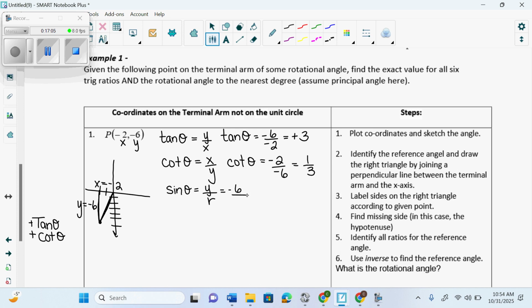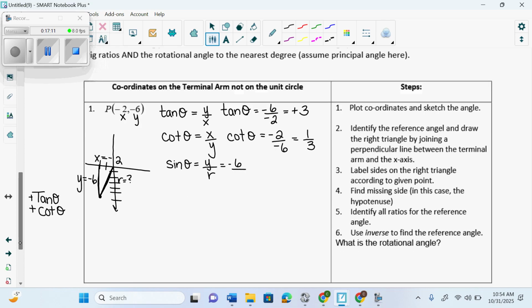Smart kid. We're going to do Pythagorean theorem. We're going to solve for R. So we're going to go negative 2 squared, x squared plus y squared equals r squared. Negative 6 squared equals r squared. 4 plus 36 equals r squared.